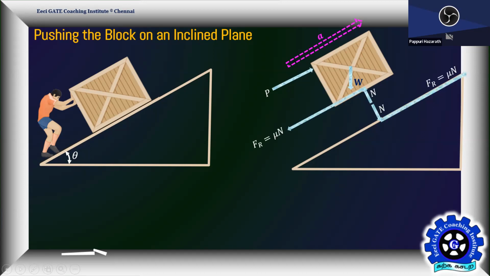Then frictional resistance, inertia force. It's very simple. Once you know those statements properly, how to represent weight, normal reaction, inertia and frictional resistance, it is very simple to draw a free body diagram.